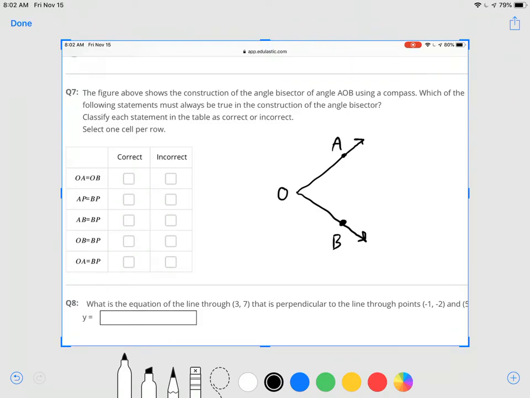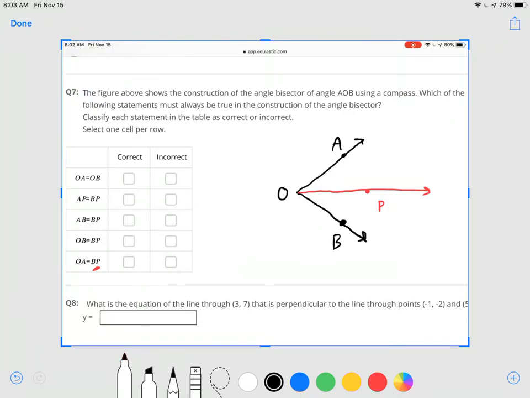And then P, which is the other letter that pops up over here on the left, is the point at which your markings will meet to create the angle bisector. So the angle bisector is going to look like this. And they're asking which of these lengths have to be the same.